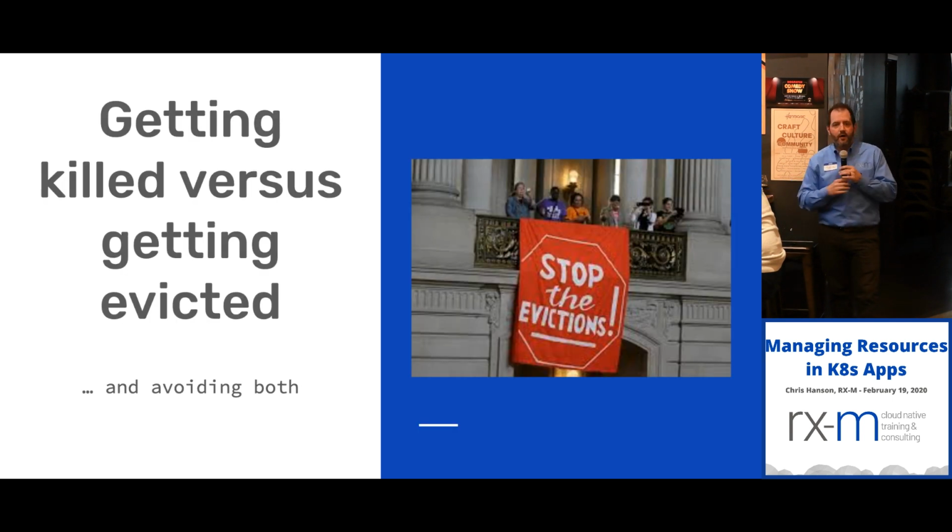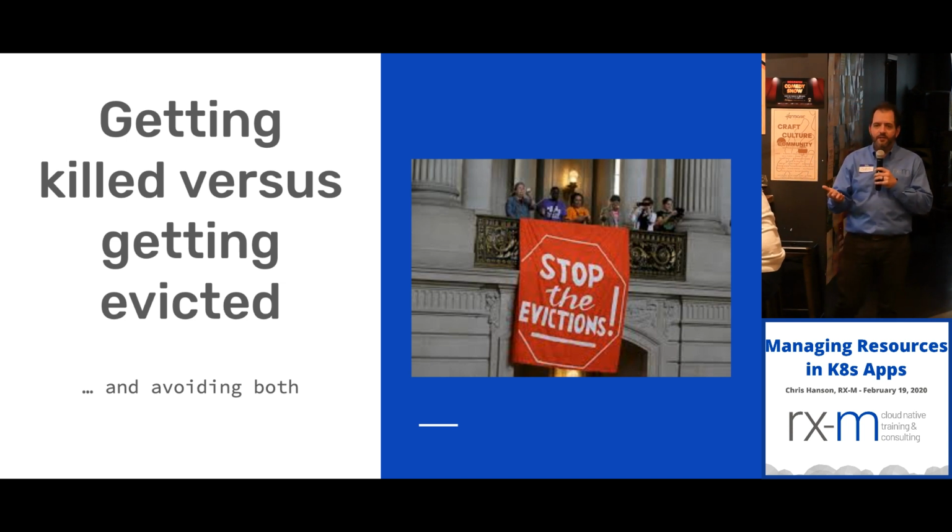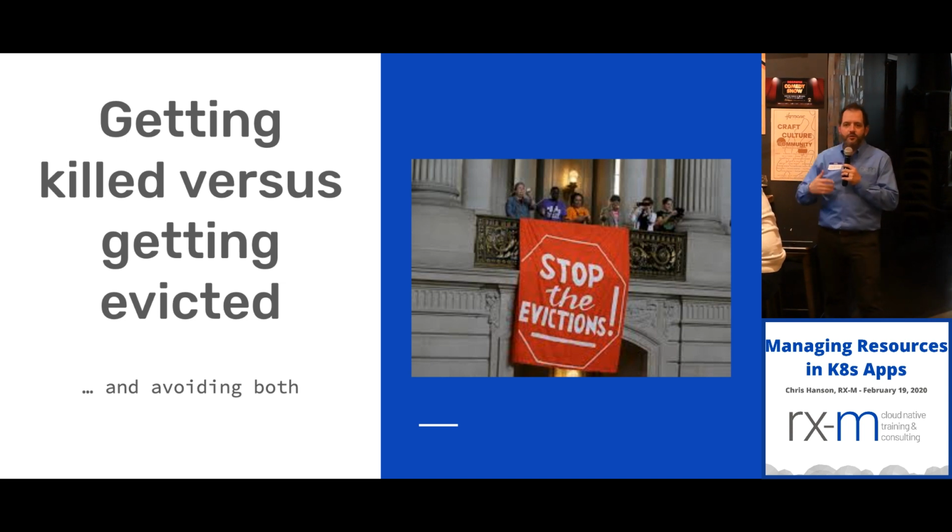Okay, so now getting killed versus getting evicted, right? We've got an operating system level operation that will take a process and kill it if it runs afoul of some constraint, or we've got a node level agent that is also going to take action if a process violates its constraint, right?